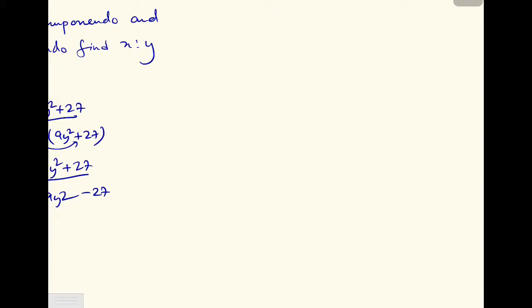If you remember these formulas, I need to just discuss them. What is the formula of a plus b whole cubed? The formula is a cube plus b cube plus 3a square b plus 3ab square, isn't it? Similarly, what is the formula of a minus b whole cube?